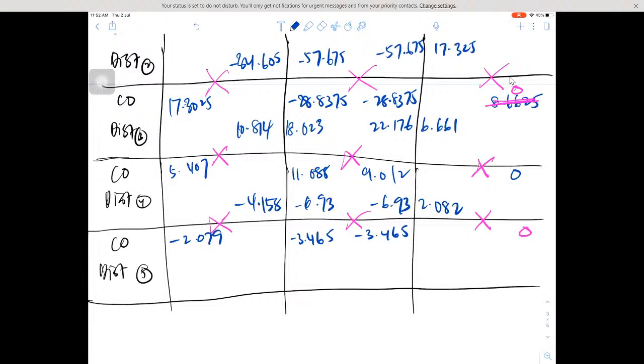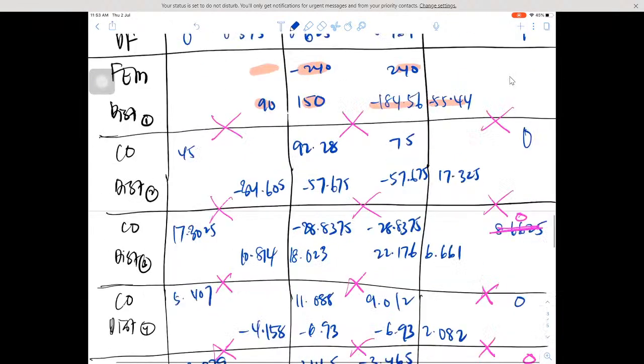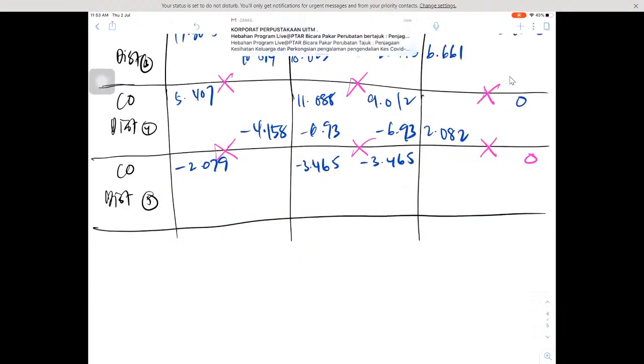Then the next distribution: 3.465 times 0.375 is 1.3.